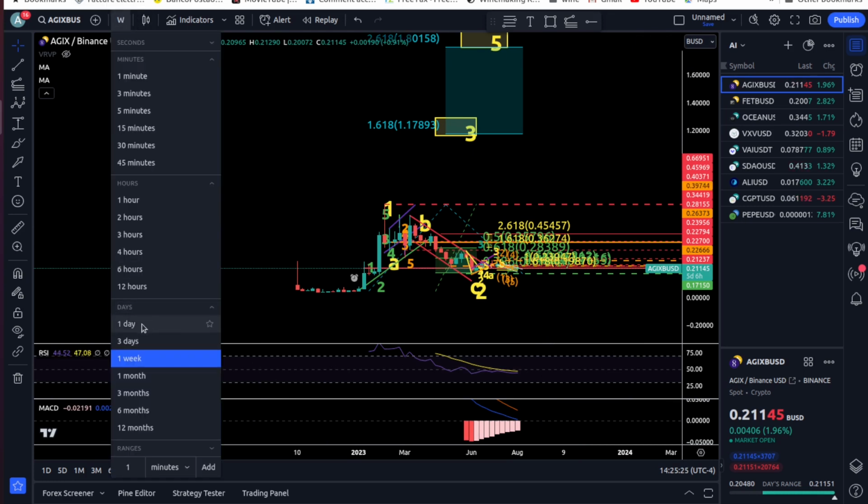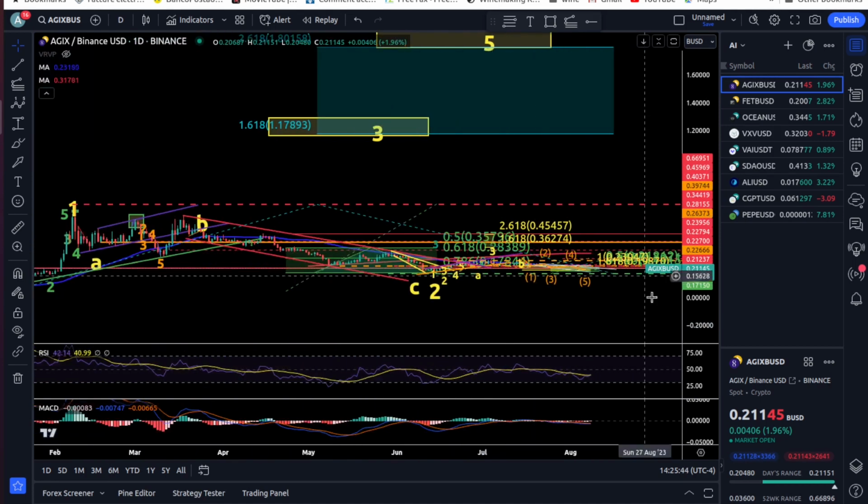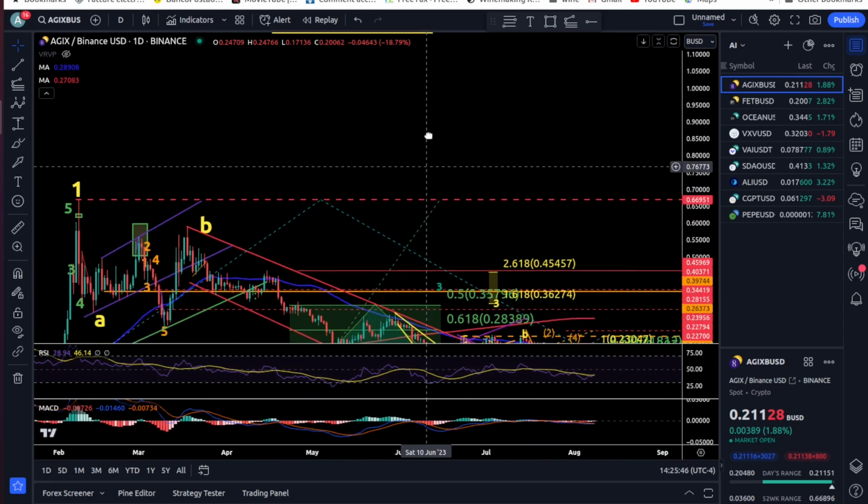But if you want to look at very long-term crypto or stocks that have several years, then it can also help you to see the larger wave count trend. So yeah, that's another hint that you can use as a tool.